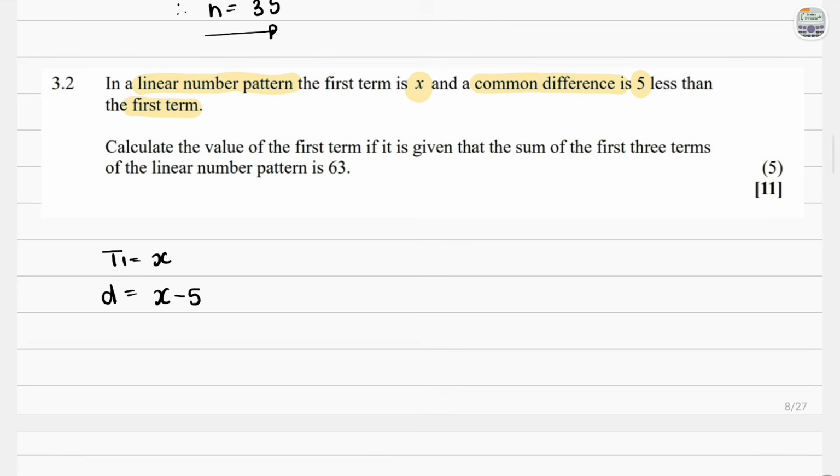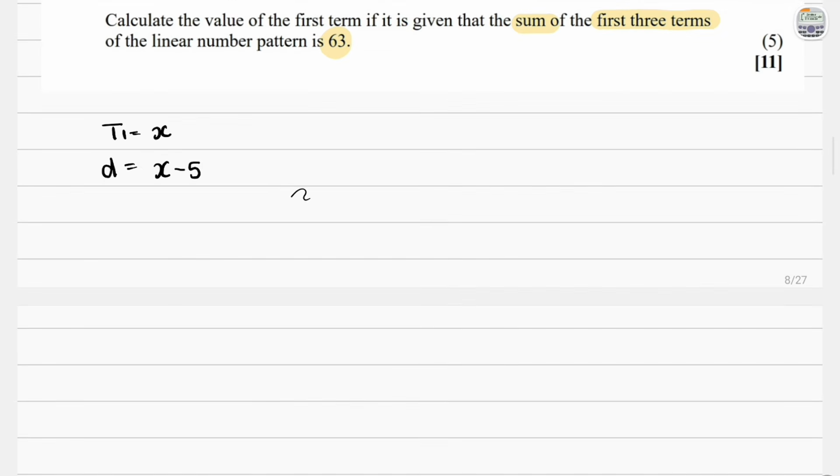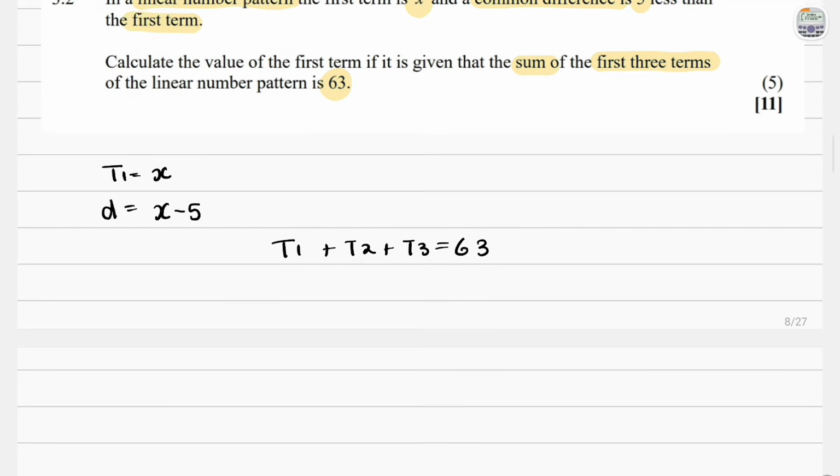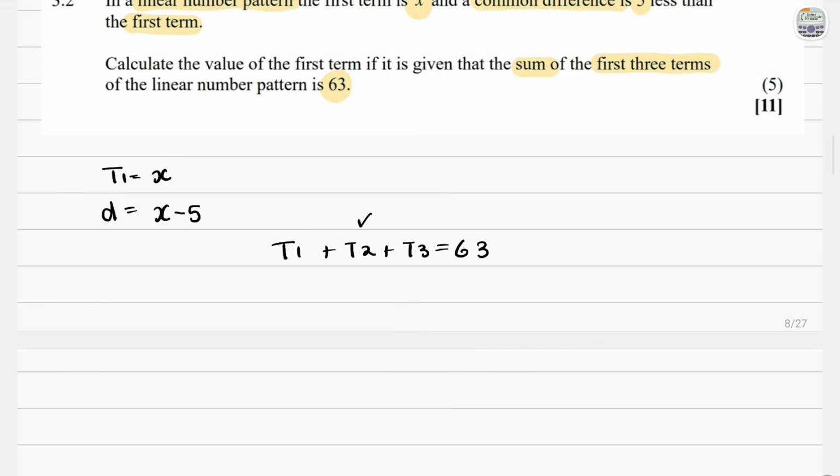They want us to calculate the value of the first term, so ultimately find x, given that the sum of the first 3 terms of the linear number pattern is 63. Sum of the first 3 terms means term 1 plus term 2 plus term 3 is equal to 63. So we need to find term 2 and term 3.